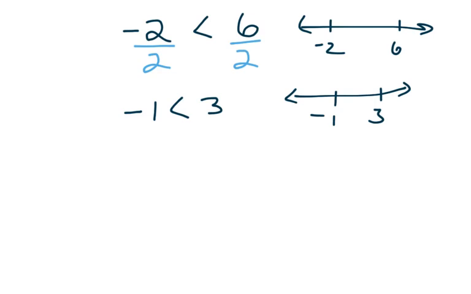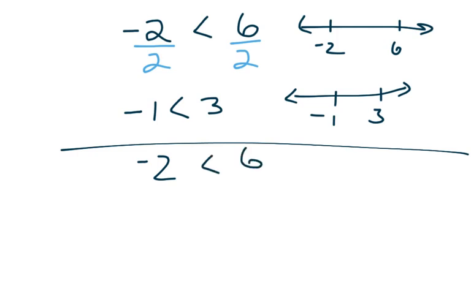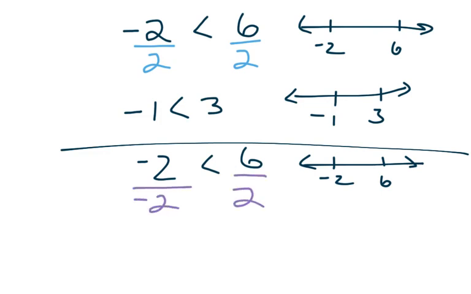But watch what happens when we divide it by a negative. So I'm going to just draw a line here. So we have -2 is less than 6. So we'll put that, I'm just recopying it. Okay, when I divide by a -2, observe what happens.